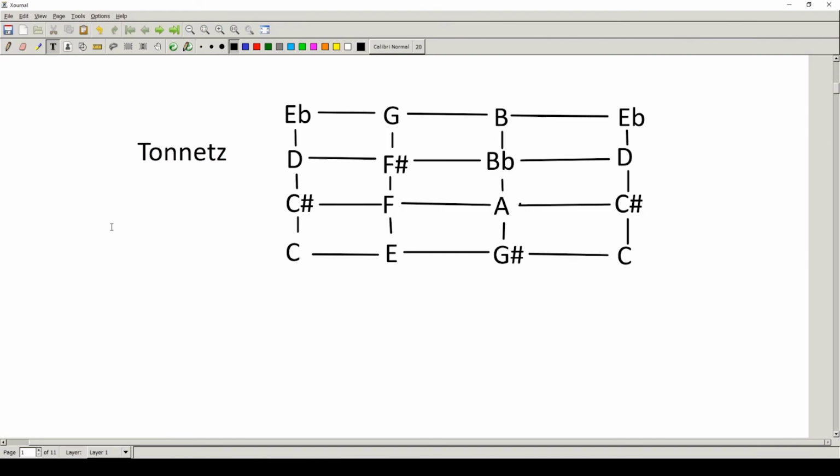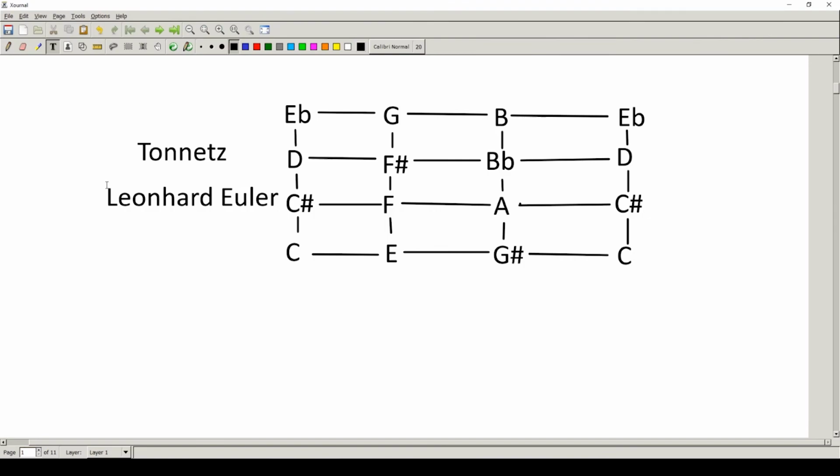And it goes back to the 18th century mathematician Leonhard Euler, who explored music theory. He was a brilliant mathematician and came up with some ideas about music theory. He used diagrams like this to visualize some properties.